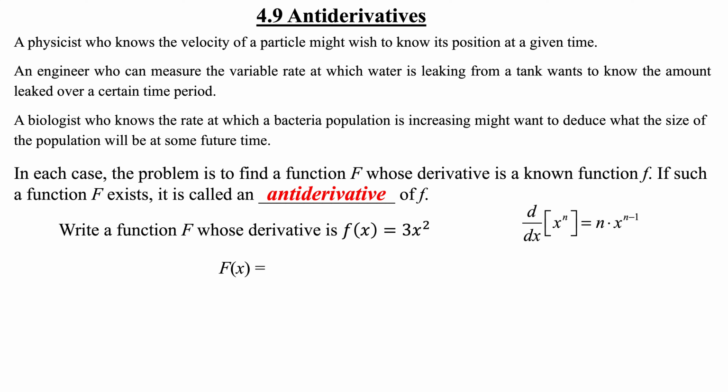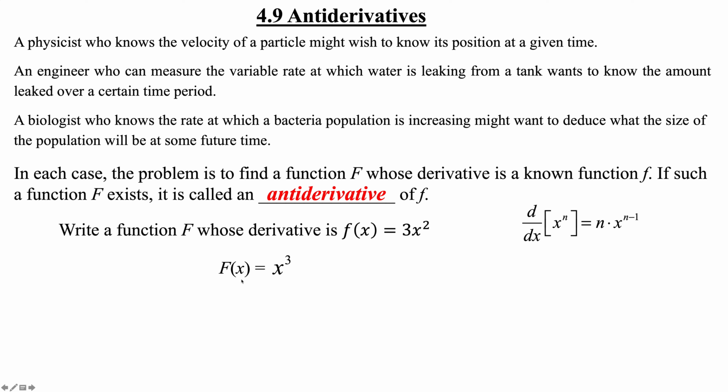So that's like saying, okay, we want to build a function working backwards. So here is my power rule for a derivative. Here the n is the 3. The n minus 1 is the 2. So I can see, wait a minute, if I'm going to work this backwards, I need to take the 3 that I moved down from the exponent, and I need to move it back up on top of the exponent.